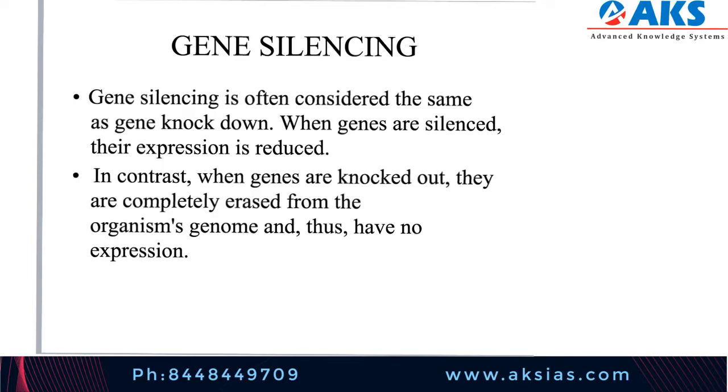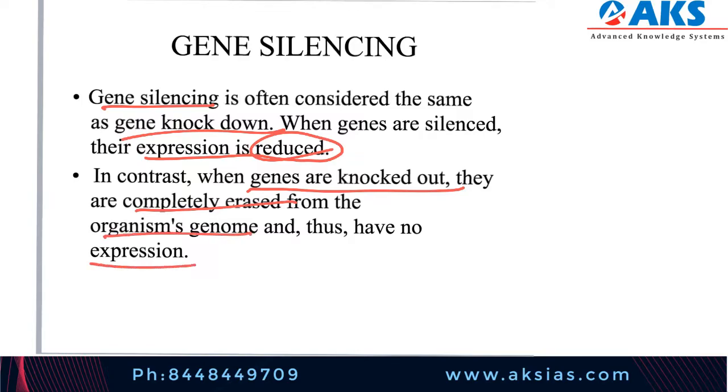There is a subtle difference between gene silencing and gene knockout. Both are considered the same, but there is some difference. In gene silencing, the expression is reduced, whereas in gene knockout, the gene is completely erased from the organism's genome and thus has no expression.